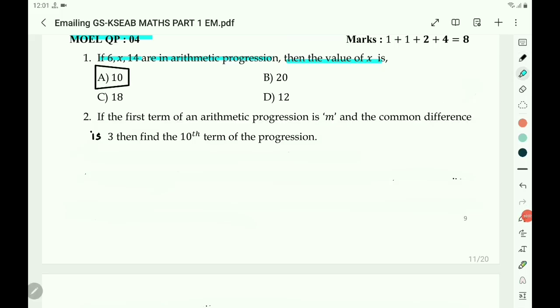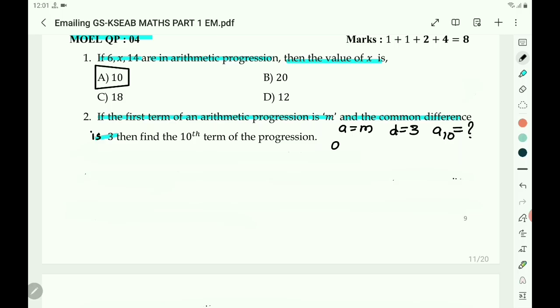Then you take the second question. If the first term of an arithmetic progression is m and the common difference is 3, then find the 10th term of the progression. Here the first term is given, that is a equals m, and d equals 3, the common difference. We have to find the 10th term, a10.